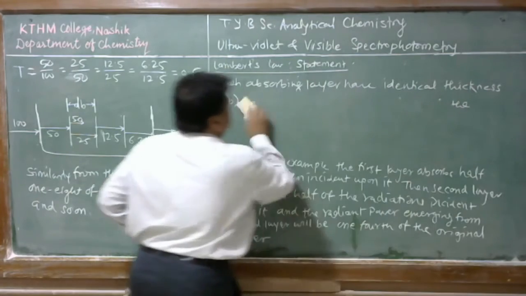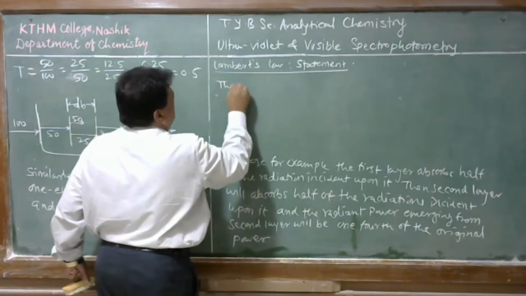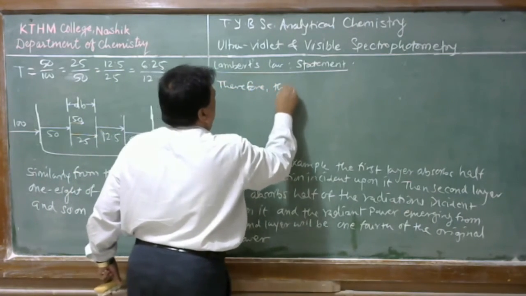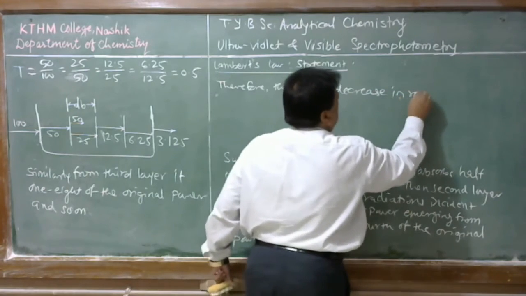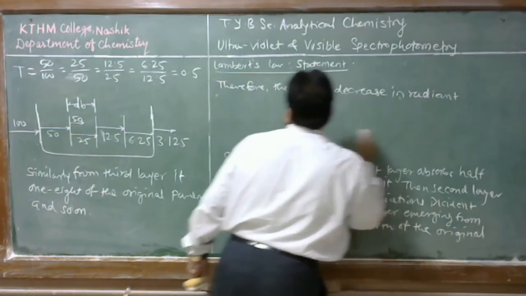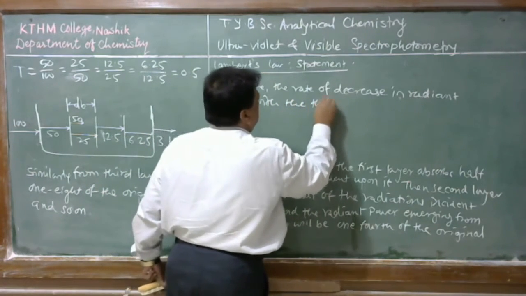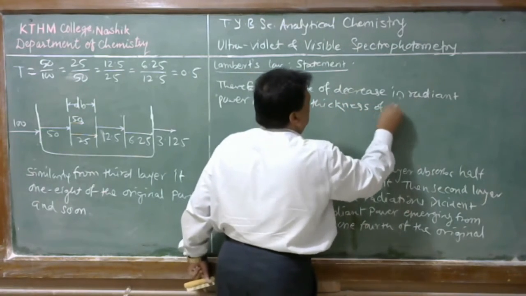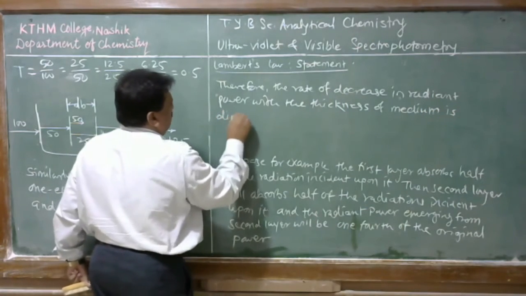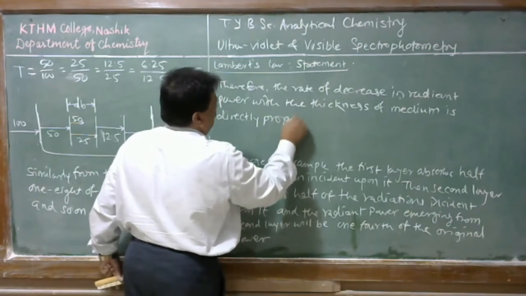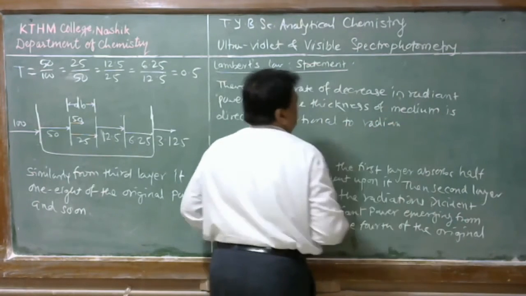So in this case, the rate of decrease in radiant power with the thickness of the medium is directly proportional to the incident radiant power.